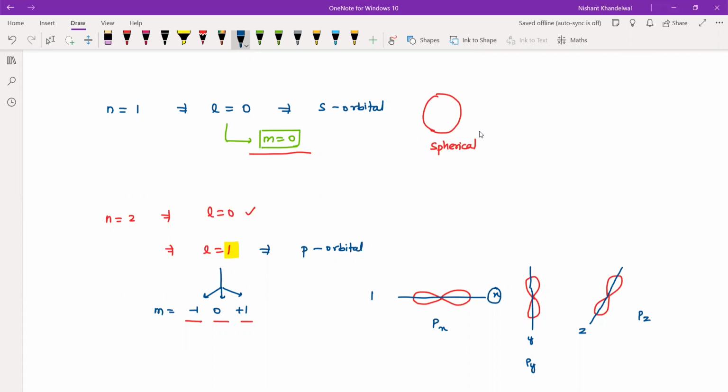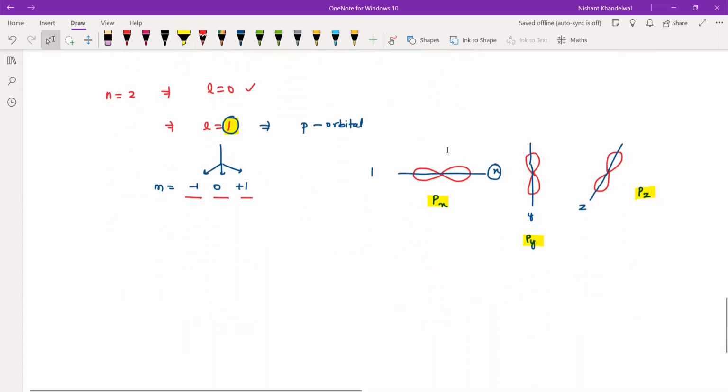So for a particular value of L, like 1, you can have 3 orientations of these orbitals. Either this orbital can be placed in x-axis direction or y-axis or z-axis. And depending on which direction it is placed, you will write it as px or py or pz.